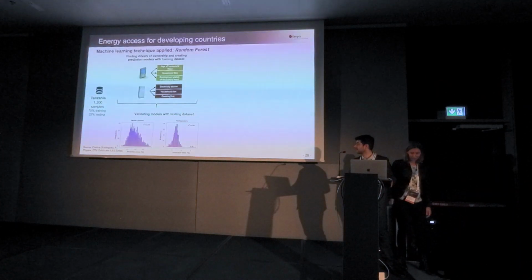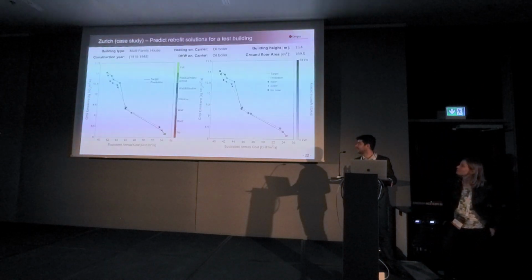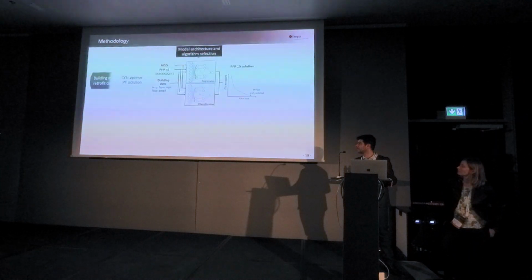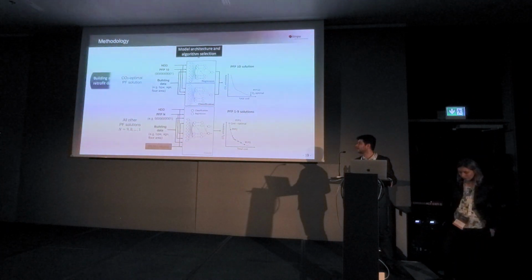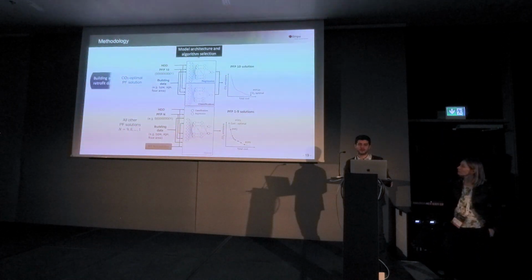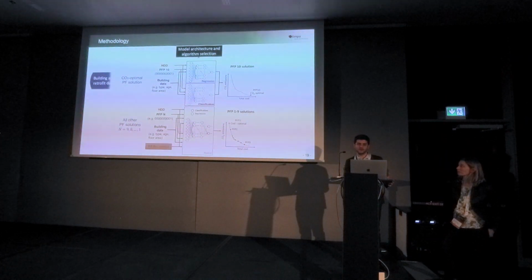Yeah, so as I had in this slide here, the inputs of our model include one input feature, which is the heating degree days. So we try to provide the model information about the climate conditions.